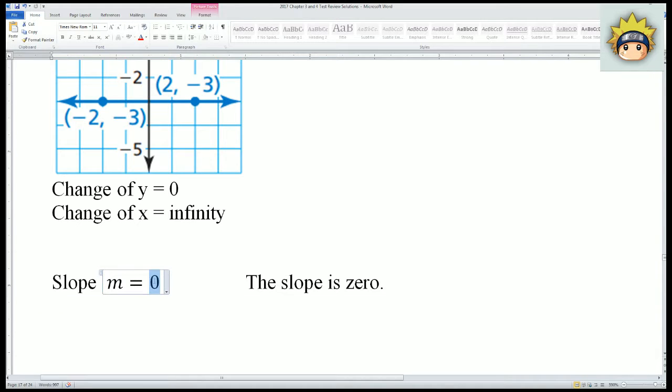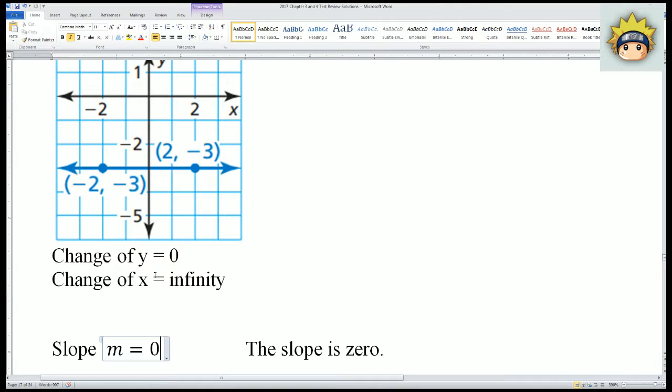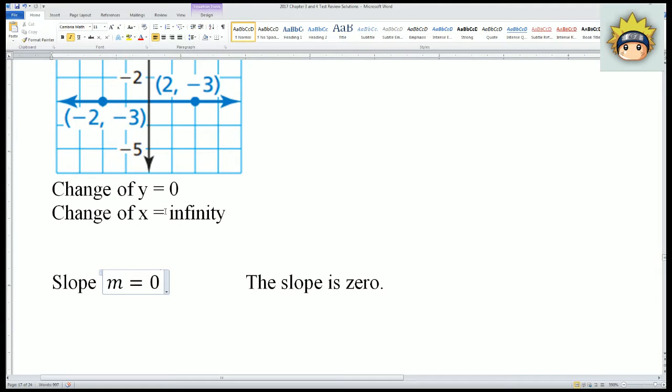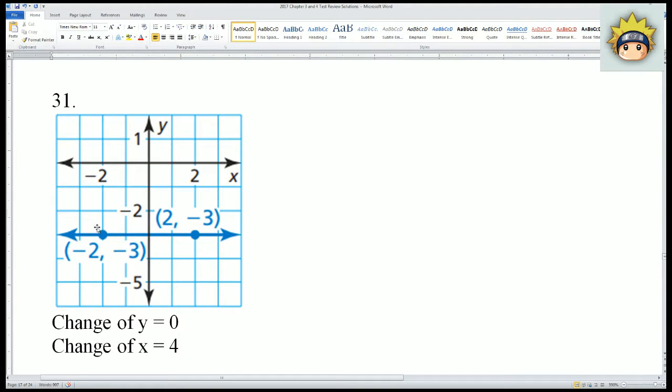The slope is 0 divided by a bunch of numbers. Okay, so here it doesn't increase. So you would say the slope is 1, 2, no, hold on, 1, 2, 3, 4. Sorry, the change of x should be 4. Look, it's changing from 1, 2, 3, 4.